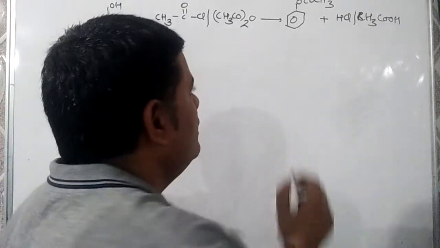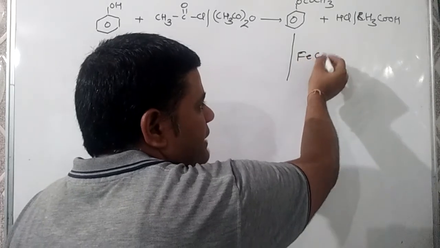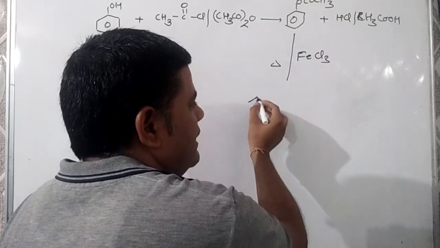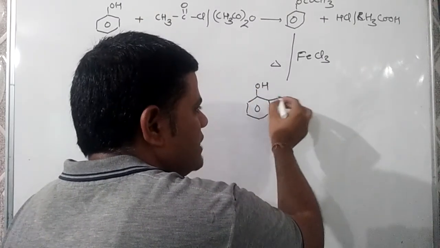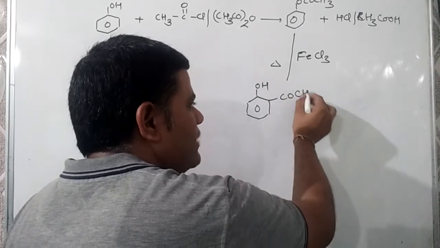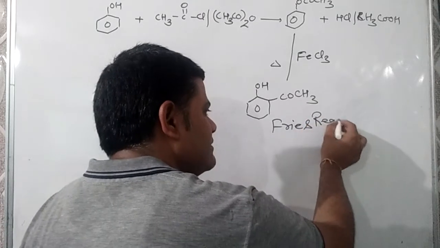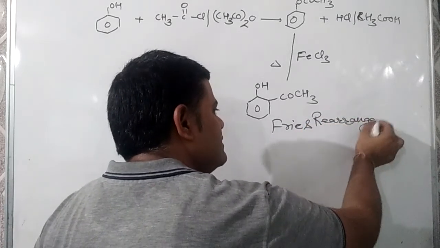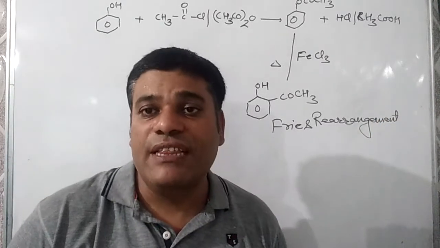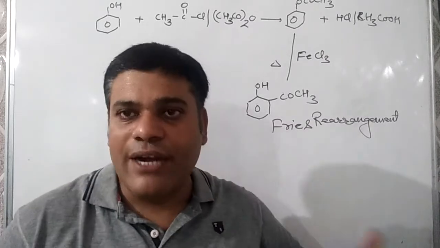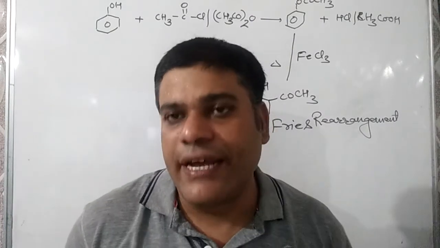And one thing more, the aromatic ester formed, on heating with FeCl3, will undergo rearrangement to produce 2-hydroxy aromatic ketone as a product, and this rearrangement reaction is known as Fries rearrangement reaction.